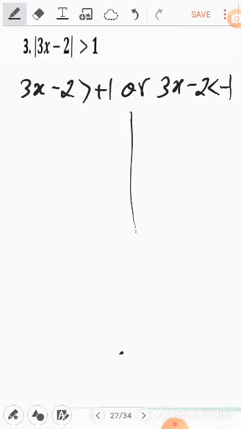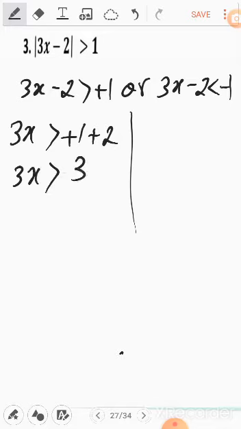So we have two inequalities. We have to solve each one alone. 3x is greater than plus 1 plus 2, we moved 2 to the other side. So 3x is greater than 3. Divide by 3 over 3 over 3. Then x is greater than 1.